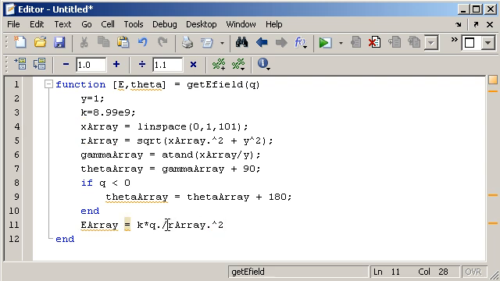So I do the R array dot to the power 2. That gives me an array where every element is the square of what was in the R array. And then I'm dividing this pure number by the R array squared, that new array that I just got, on an element by element basis. So I think that'll do the trick.